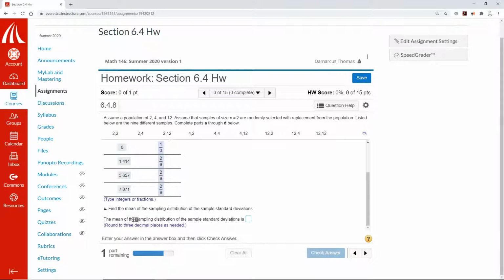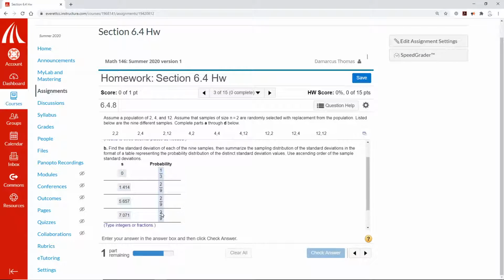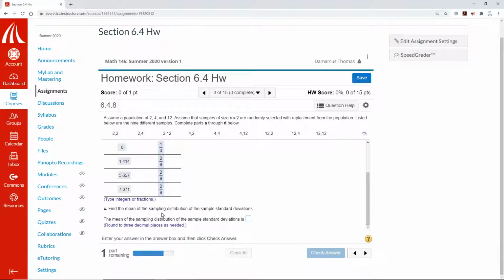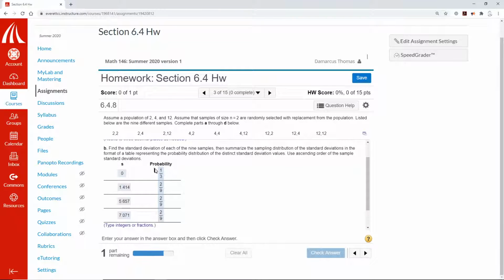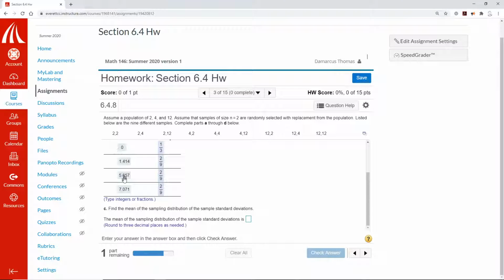The mean of the sampling distribution of the sample standard deviation is what? So they're talking about not the probability, but the mean of the sample deviations. So I'm going to add up these guys, and I'll divide it by 4.